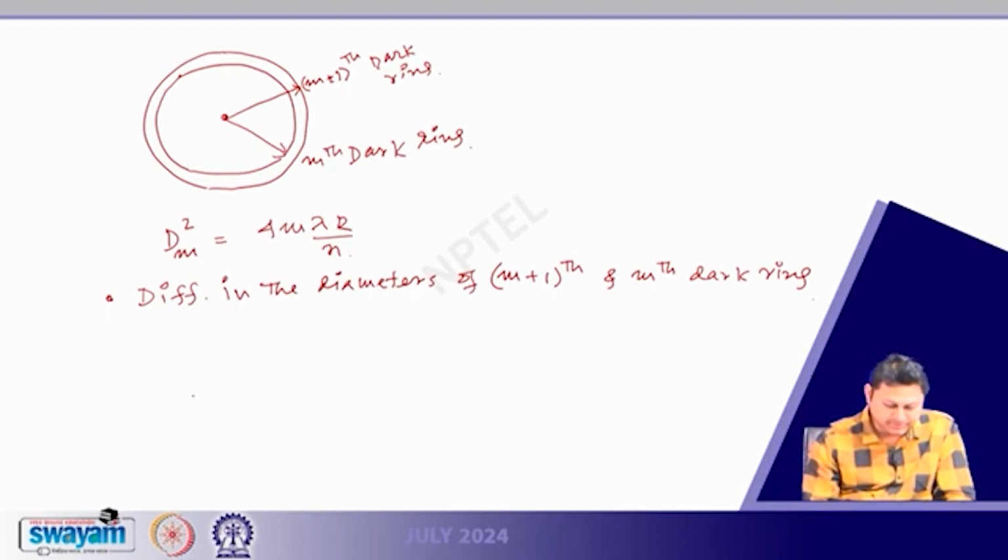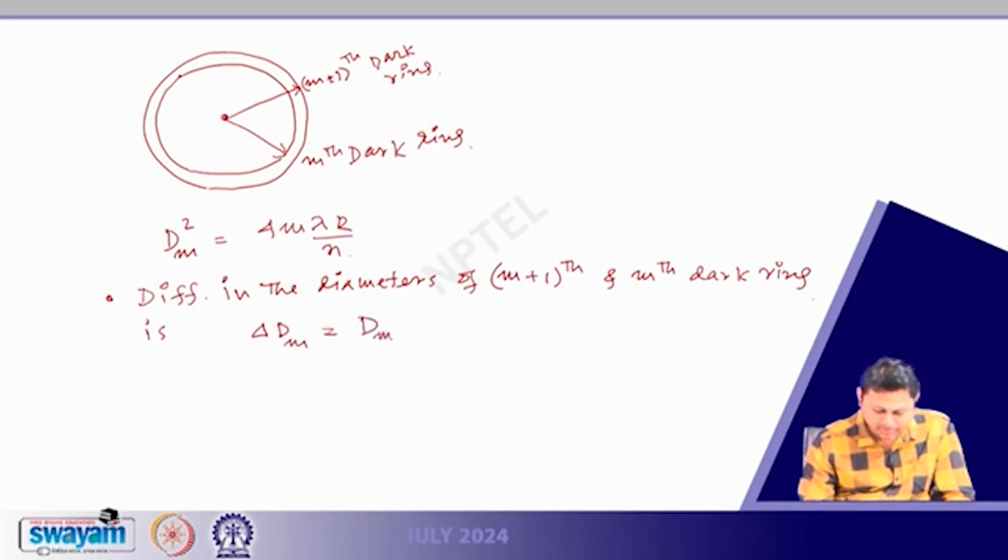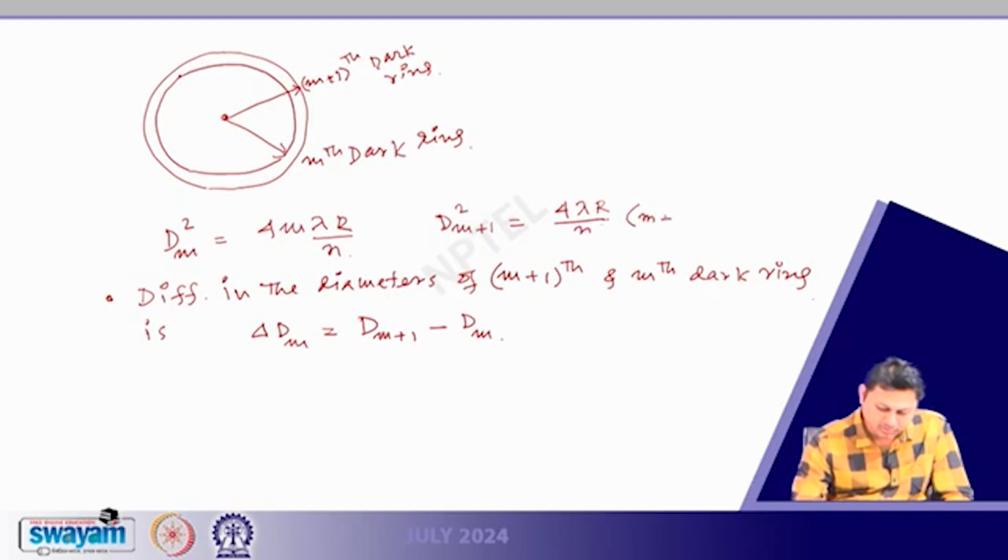So that difference, if I write delta dm, should be dm plus 1 minus dm. Now, from here we can write dm plus 1 square is equal to 4 lambda r divided by n into m plus 1.